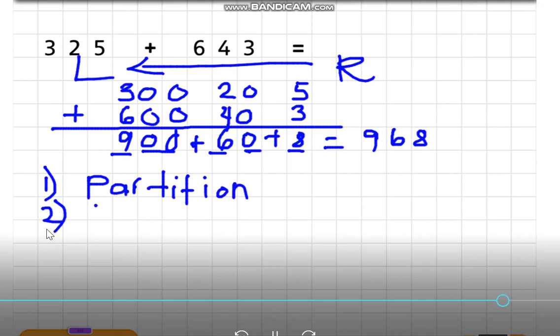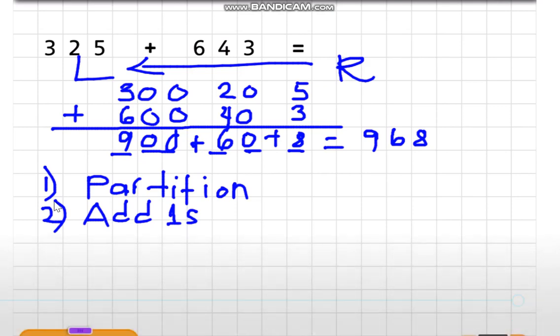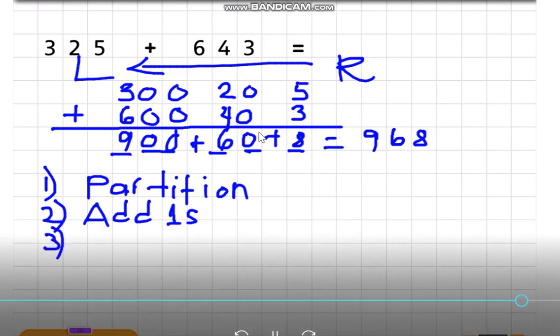Next one, you are going to add the ones place. Add ones. And then number 3, you're going to add the tens place. Okay, so let's say 20 plus 40 is equal to 60.